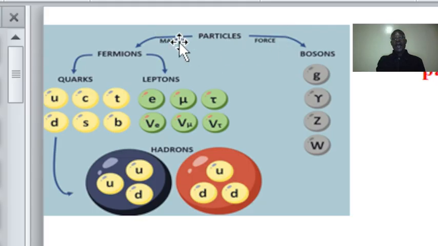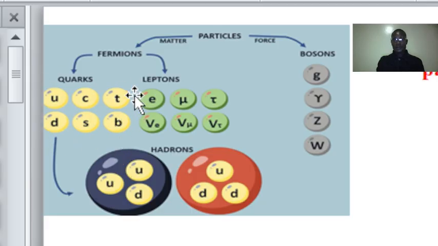Our matter is always referred to as the fermions, and the fermions are further divided into quarks and leptons. Among the quarks we have the upward quark, downward quark, the charm, the strange, the top and the bottom quark.